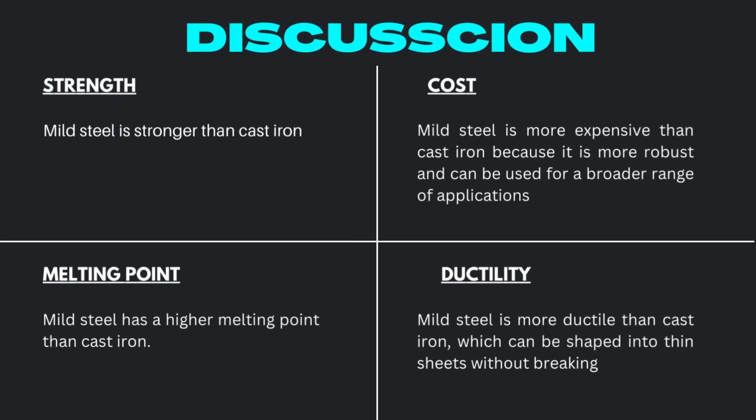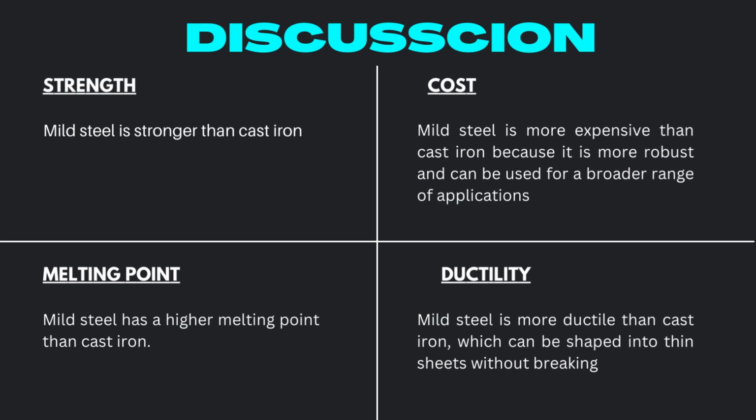For discussion, first, strength. Mild steel is stronger than cast iron. Second, cost. Mild steel is more expensive than cast iron because it is more robust and can be used for a broader range of applications. Thirdly, melting point.